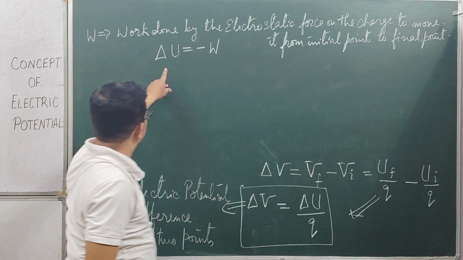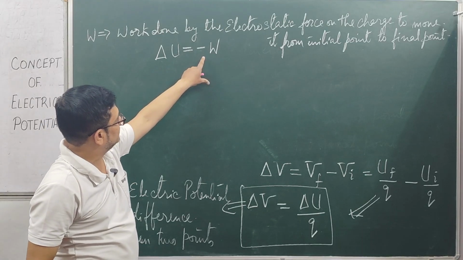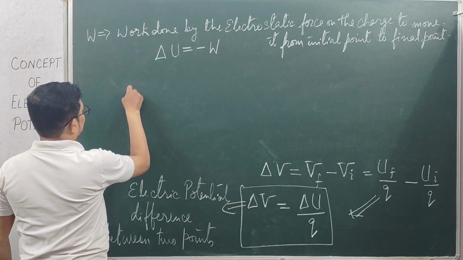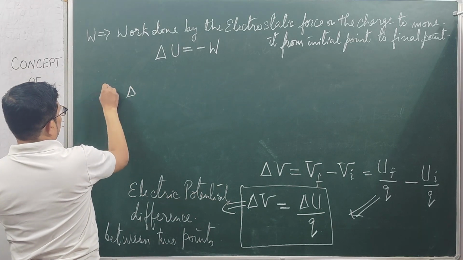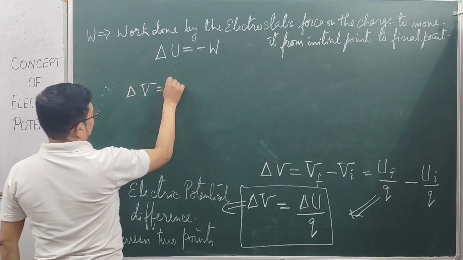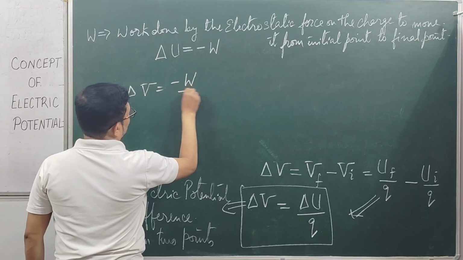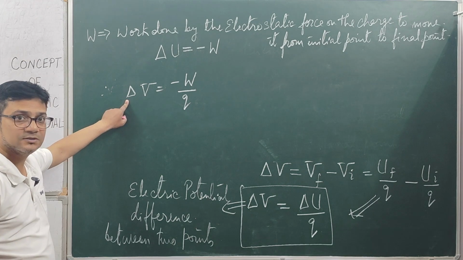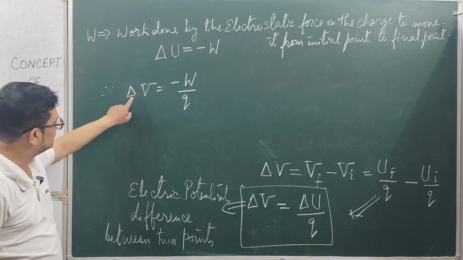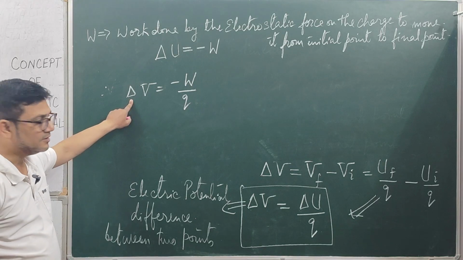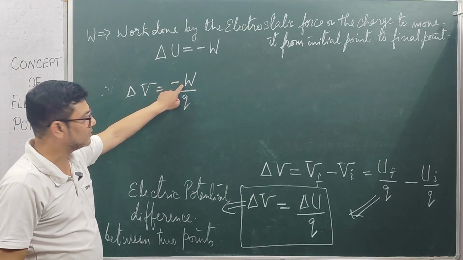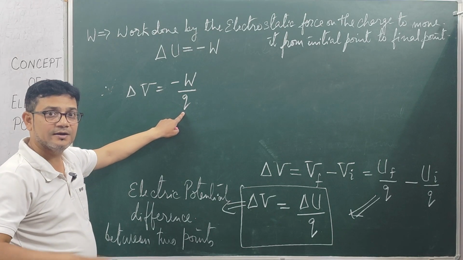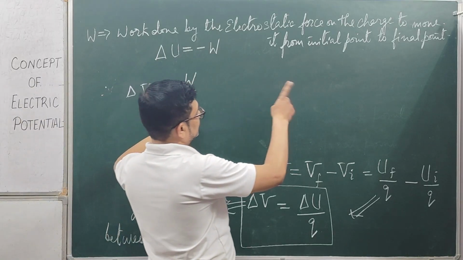So we know that delta U is equal to the negative of the work done by the electrostatic force. If you replace this in the equation, we can write for delta V that it is going to be minus W over Q. So we can define the potential difference in terms of work done: the potential difference between 2 points is equal to the negative of the work done per unit charge in moving from the initial point to the final point.